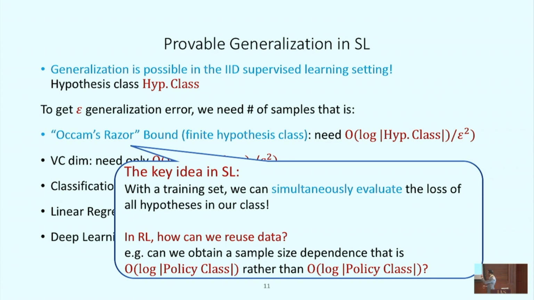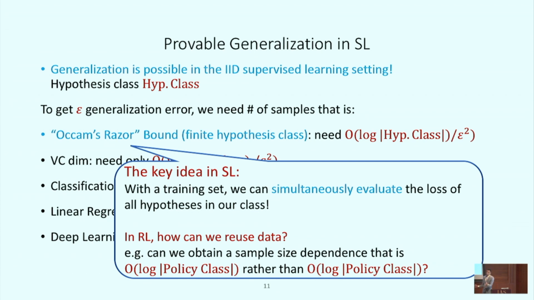But the key idea in supervised learning is this issue of data reuse. In supervised learning, when you have your data set, you can simultaneously figure out how accurate multiple classifiers are on this data set. I can try one classifier, I get an estimate of its error, then I can try another classifier, and so on. And in reinforcement learning, the fundamental difficulty is it's not easy to do this.